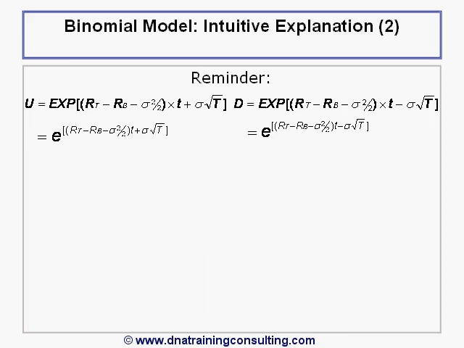You should next note that in the formula for up, the vol term at the end, as we pointed out earlier, is added to the rest of the expression, while for down, it is subtracted.